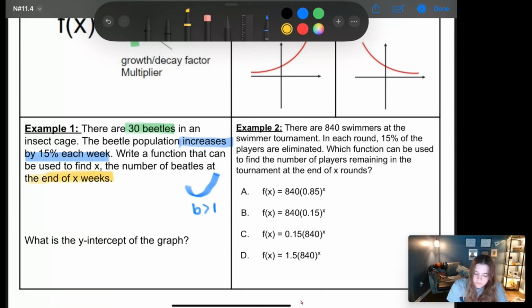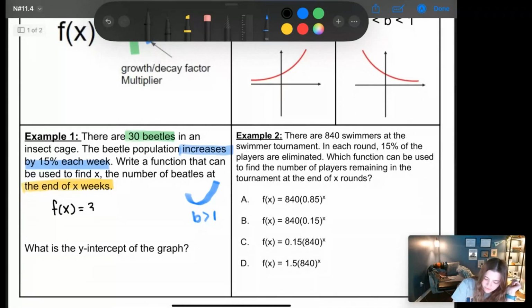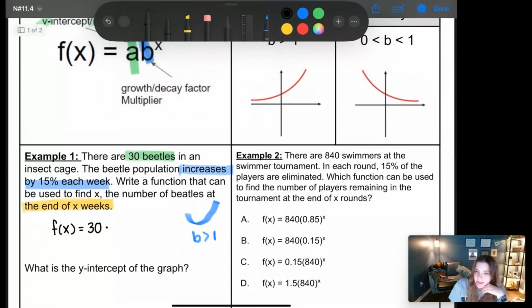Okay, so you should have everything that you need to solve this, okay? You have what your value is going to be, your initial value, you have what your growth is, or decay, but in this case, it's growth, right? So what we're going to do is we're going to put those together in that formula. X equals, now remember your initial value, your A, your Y value was 30. And then we multiply that by our growth or decay factor.